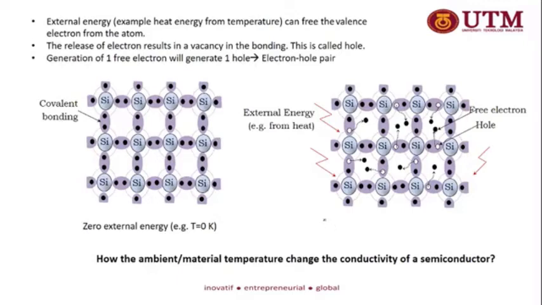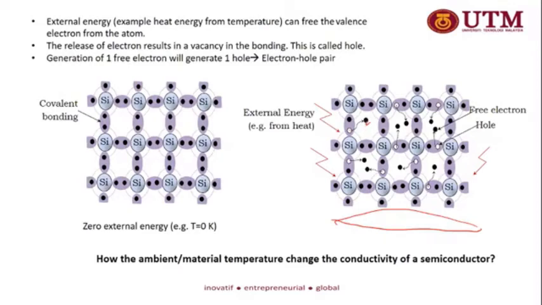The figure on the right side shows how the electron is released from the valence energy shell. You can see this electron is supposed to be here, but since it has external energy, it is released, and then this electron becomes a conduction electron. Before, it was a valence electron, but because of the external energy, it becomes a conduction electron.